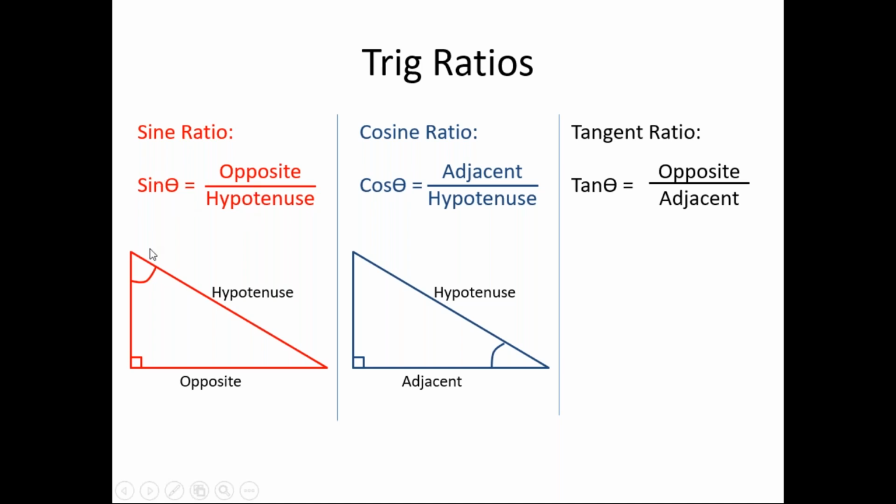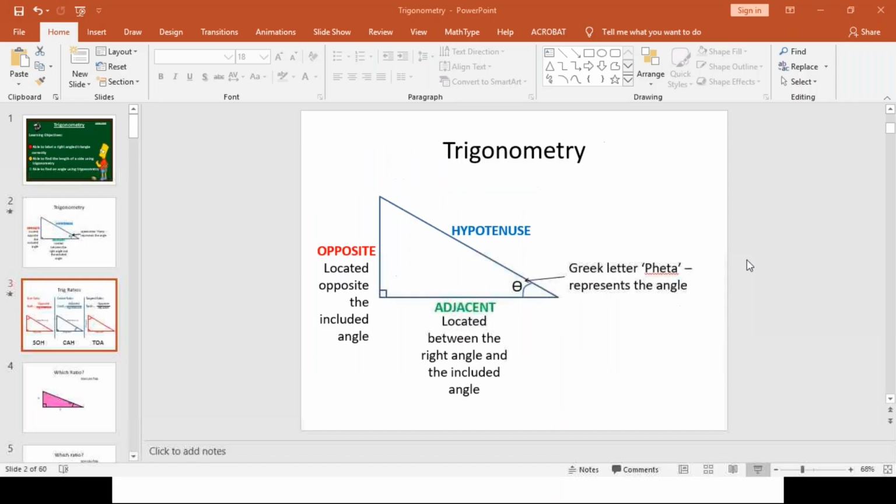Sine of any angle shows the ratio of the opposite leg to that angle divided by hypotenuse. Cosine shows the ratio of adjacent leg over hypotenuse, and tangent shows only the ratio of legs, so the opposite leg divided by adjacent.